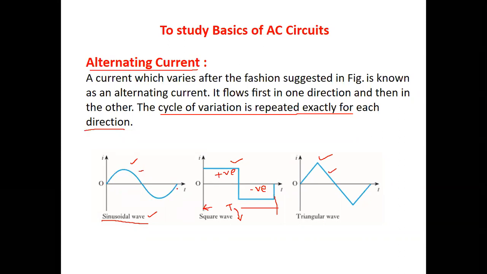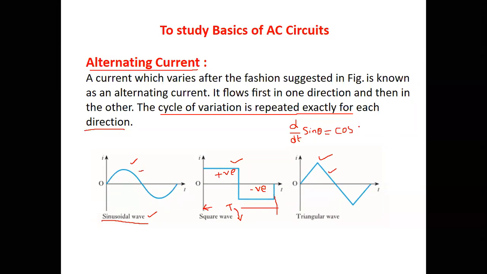There is a logic and mathematics behind that, because if you take the differentiation of a sine, it results in a cosine waveform, which is also a sine waveform with a phase displacement of 90 degrees. So what is d by dt of sine theta? d by dt of sine theta is cos theta.